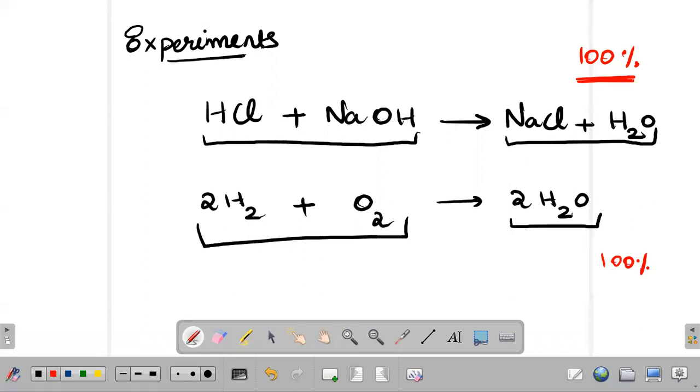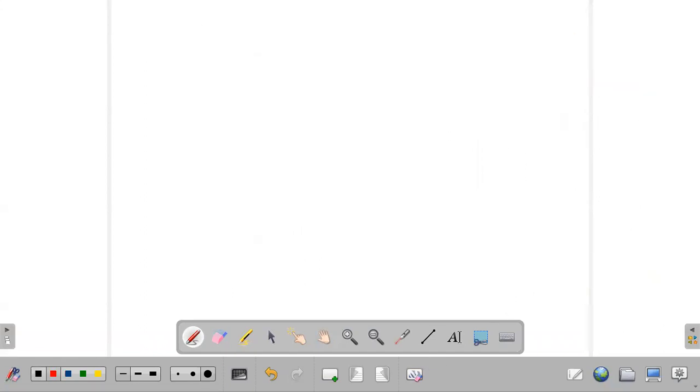These types of experiments where I am having a certainty with what I am going to get, I call them deterministic experiments. I'm very confident that this is going to be the product. But consider the experiment that I am rolling a dice.